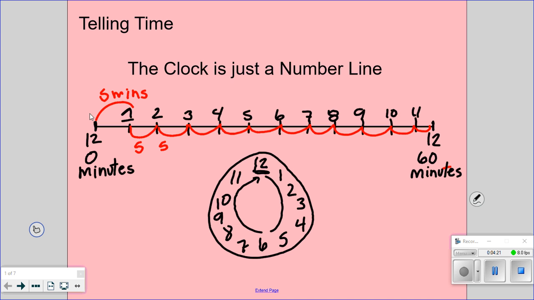So if my clock is pointing at a 3, and I'm trying to count the minutes, then I know that I've gone 3 groups of 5. 1, 2, 3. So each space in between those large numbers is a group of 5 minutes.